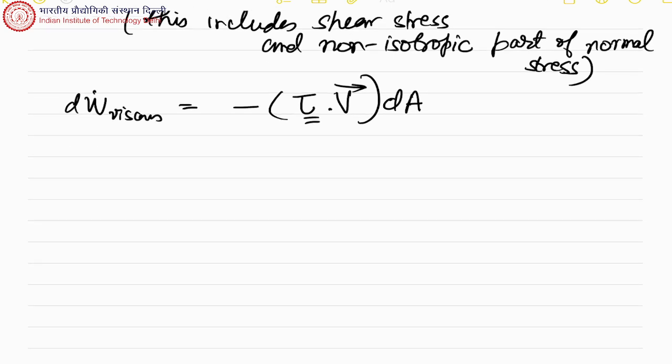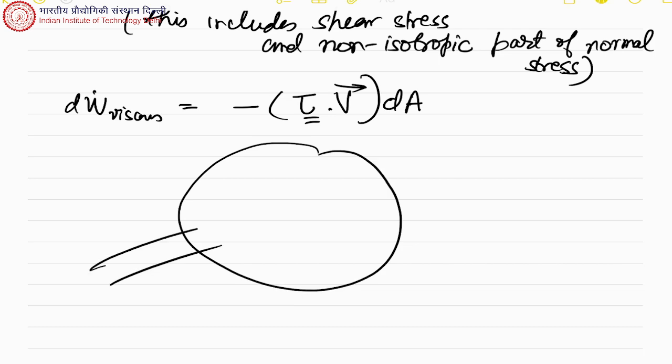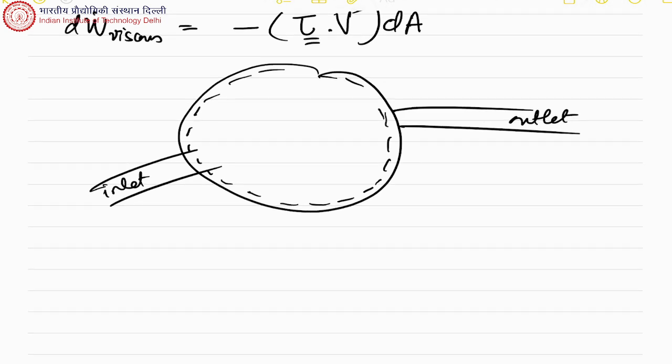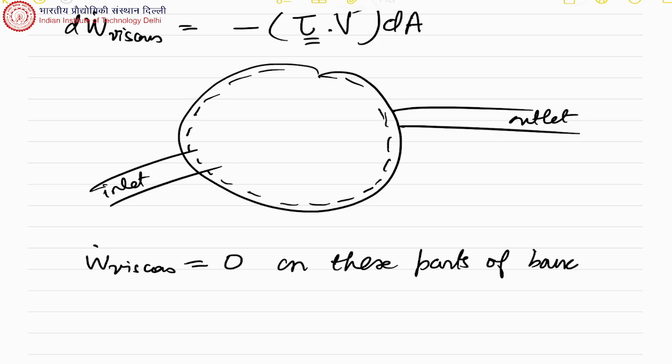So now let's try to think, if this is our system, there's an inlet and an outlet, and if this is our control volume, then firstly viscous work is equal to 0 on those parts of the boundary where velocity is 0, tau dot V will be 0.